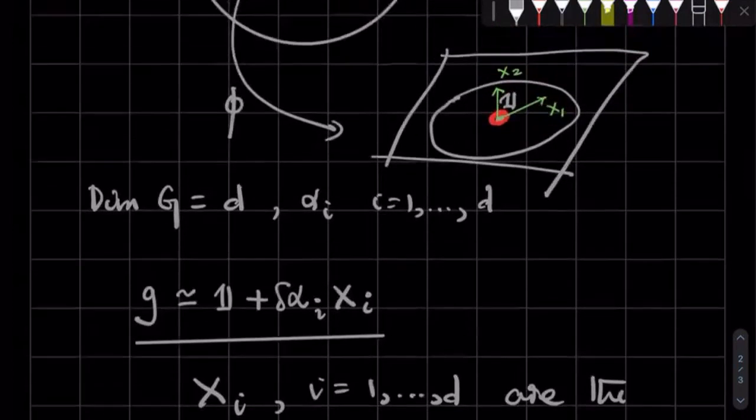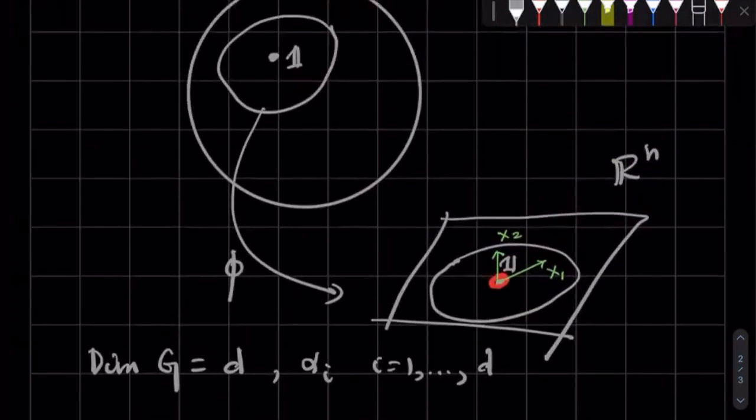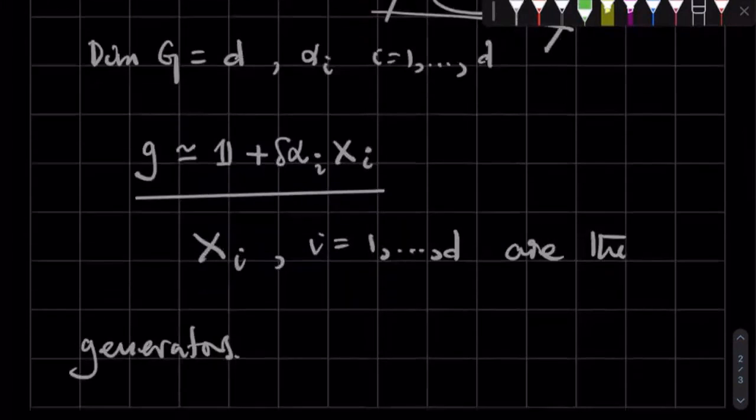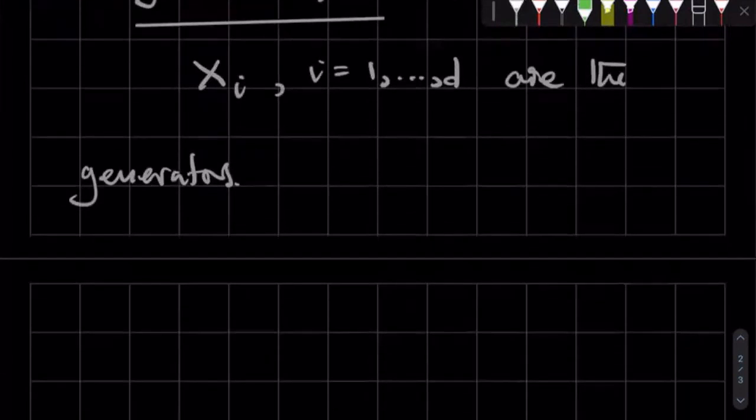But now, suppose we take x1, and what is x1? x1 is a vector which is tangent to this point. So if I look at it from the side, our group is some manifold, and this point is, say, the identity, and the generator is giving me a direction that is tangent to that point.